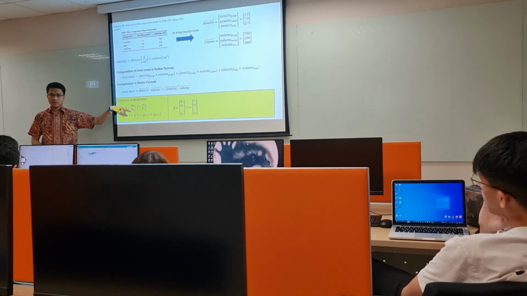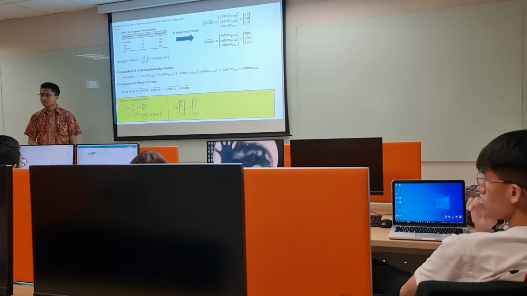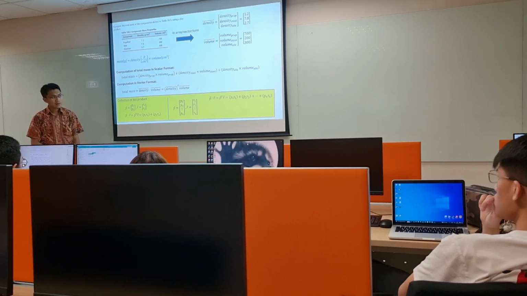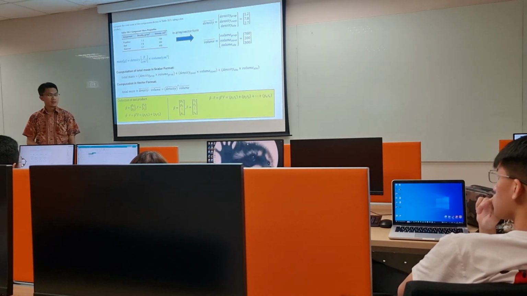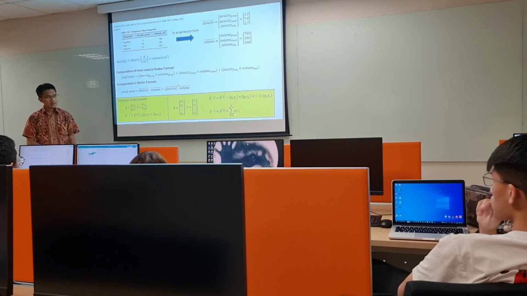This is only two elements, right? What if we have n elements? What do you do? Correct, you continue until the last one. So either you do the transpose or the definition is just this one. A simple representation is using a summation.